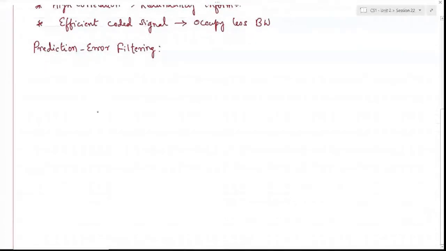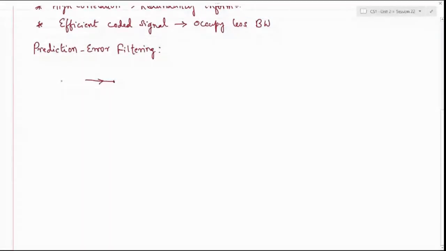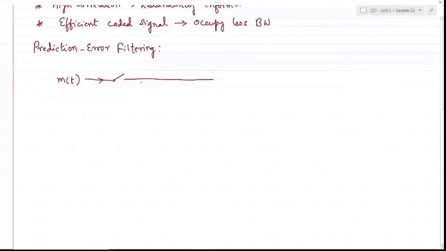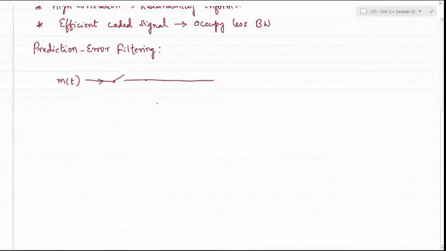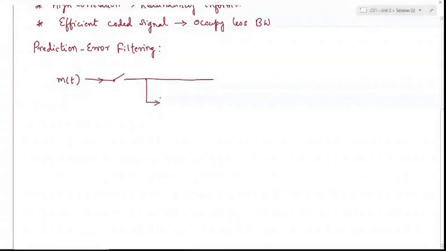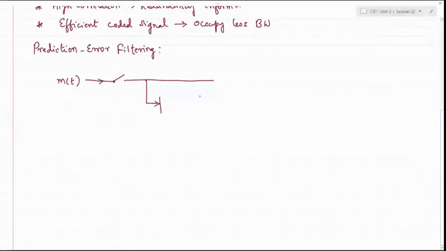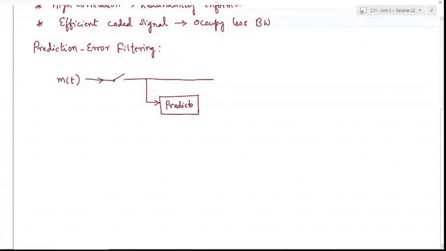If I try to draw a block diagram of it, say this is your input analog signal, the message signal m of t. The first process is to sample it, then the same sample is considered and passed through a block called a predictor.